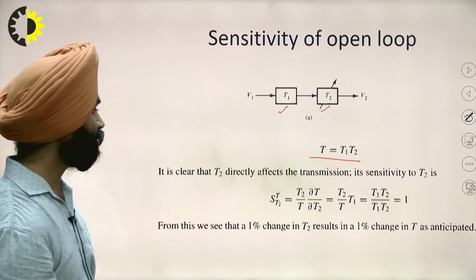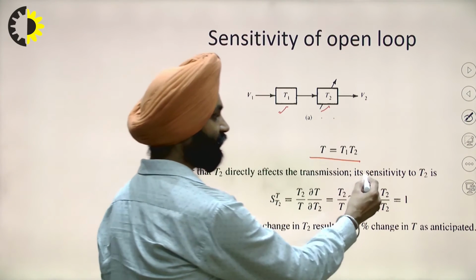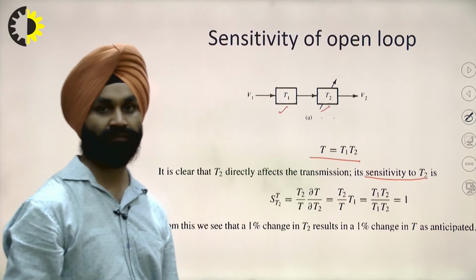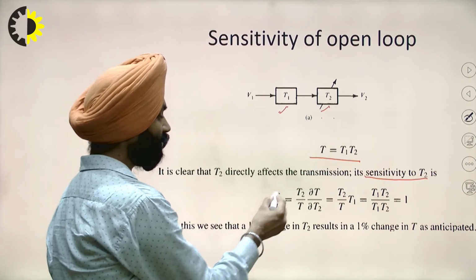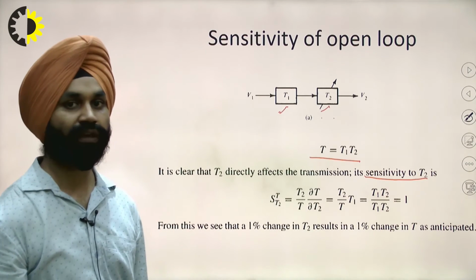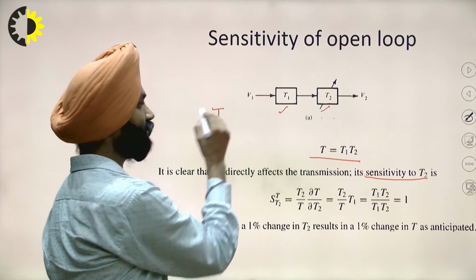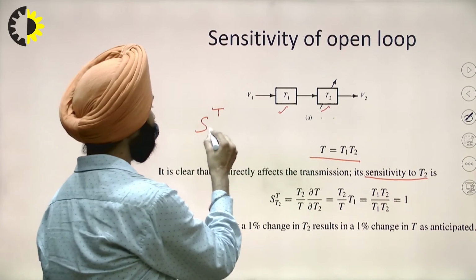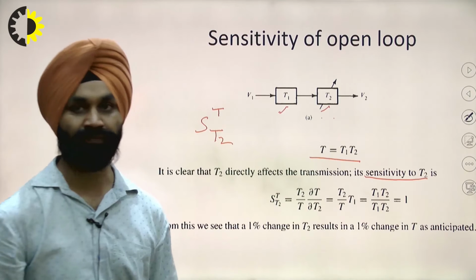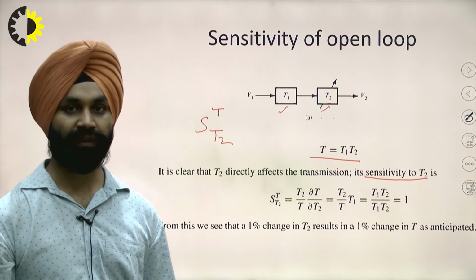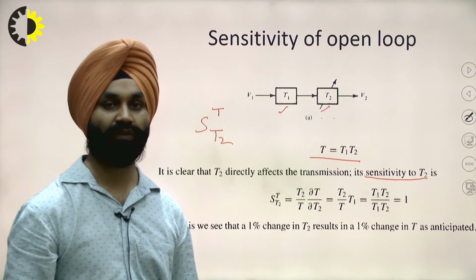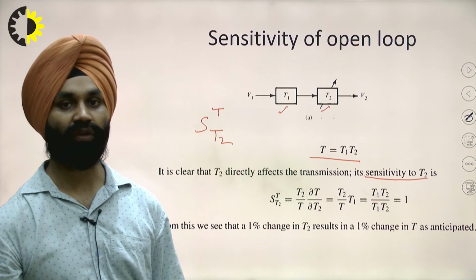Now let's see the sensitivity of total transfer function T with T2. As T2 is varying, the transfer function is also a function of T2.